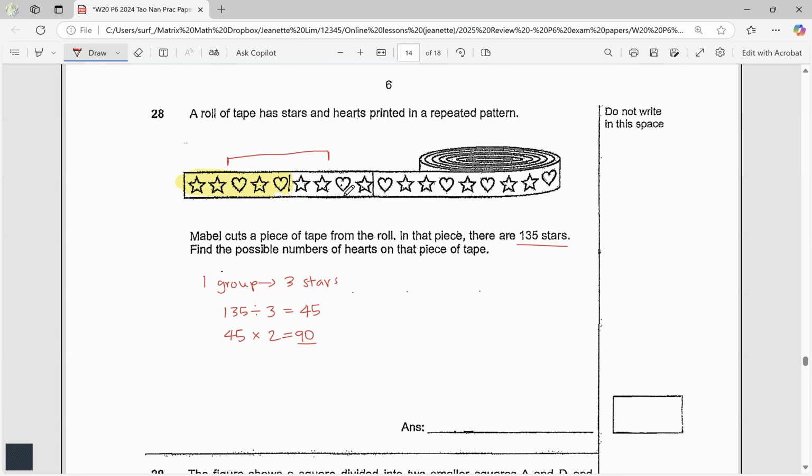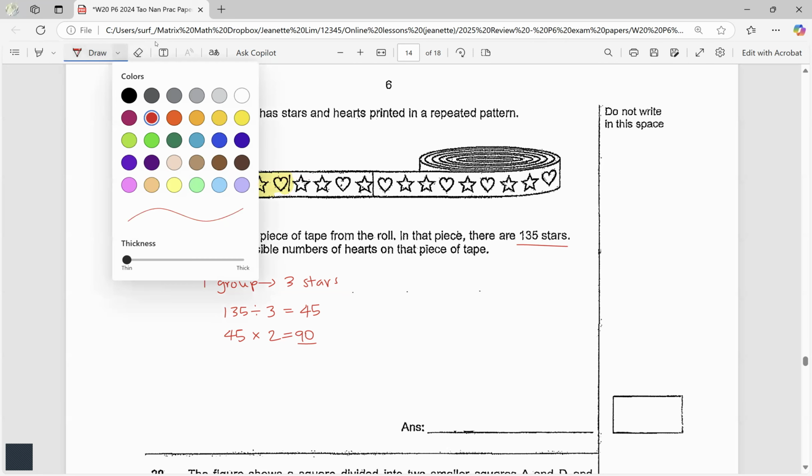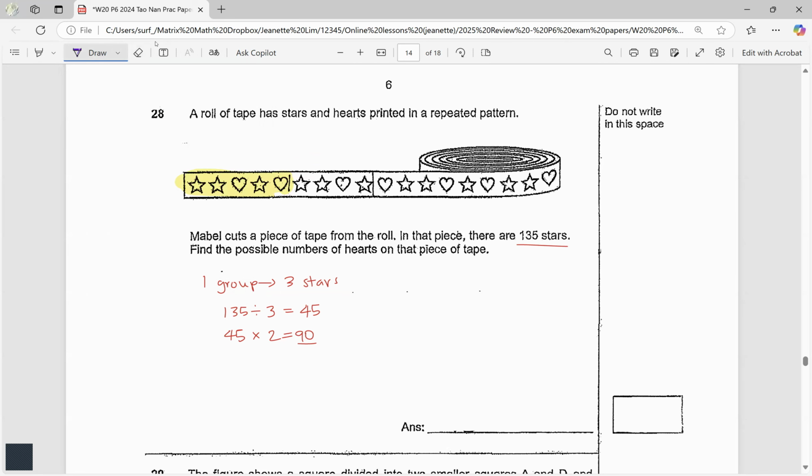Okay, maybe I use another color. So if this is one group, my last group will be a star, and then I can have another heart shape.